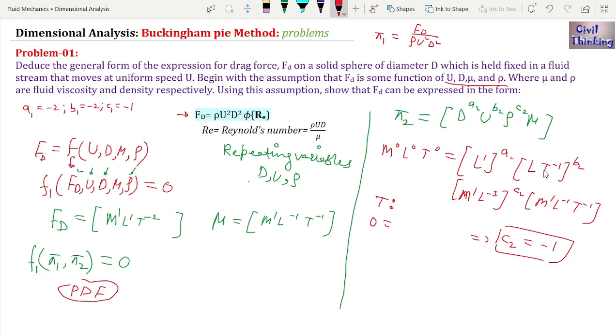So here the power of T is minus b2, and here the power is minus 1. We only have these T terms here and here. So from here we get the value of b2 to be minus 1, right?